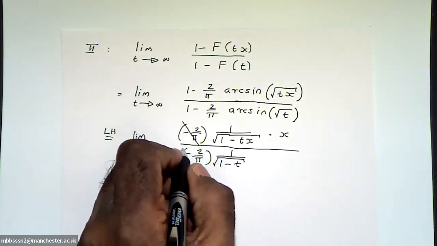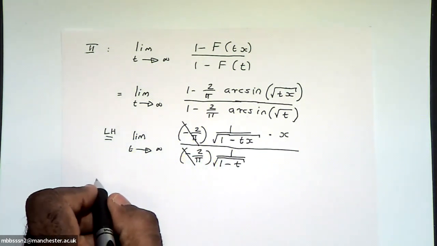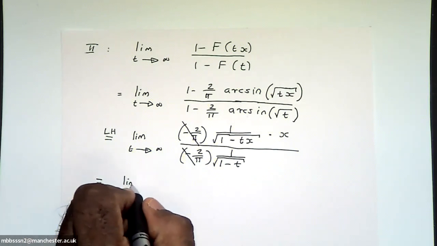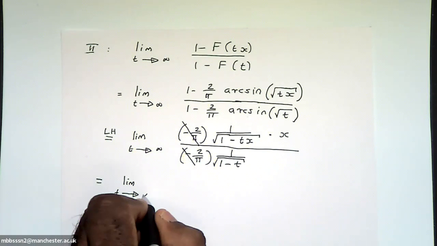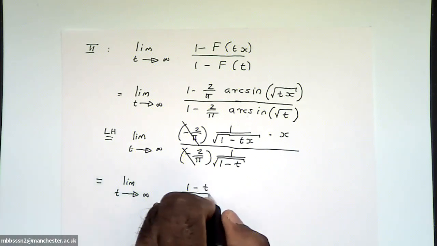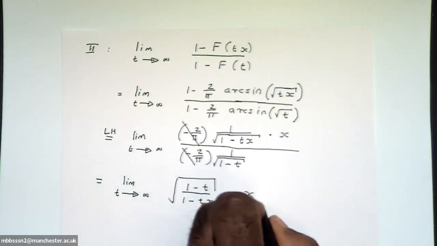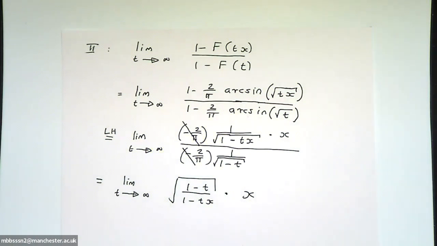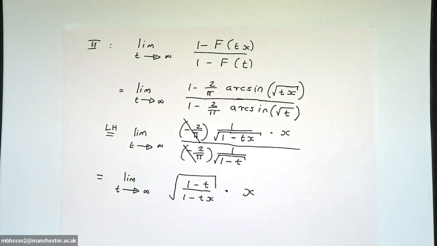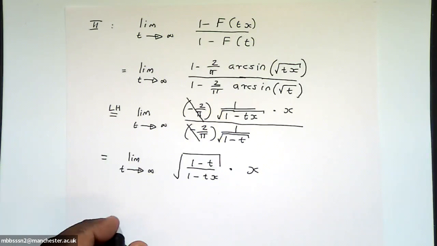These two will cancel. So what you have is the limit as t goes to infinity. Now we know that t goes to infinity. So is that arcsine root of x?